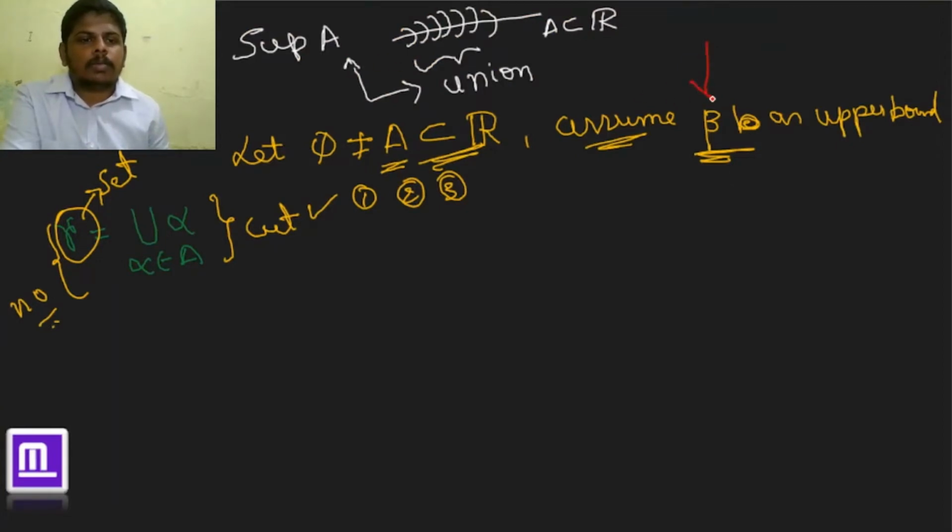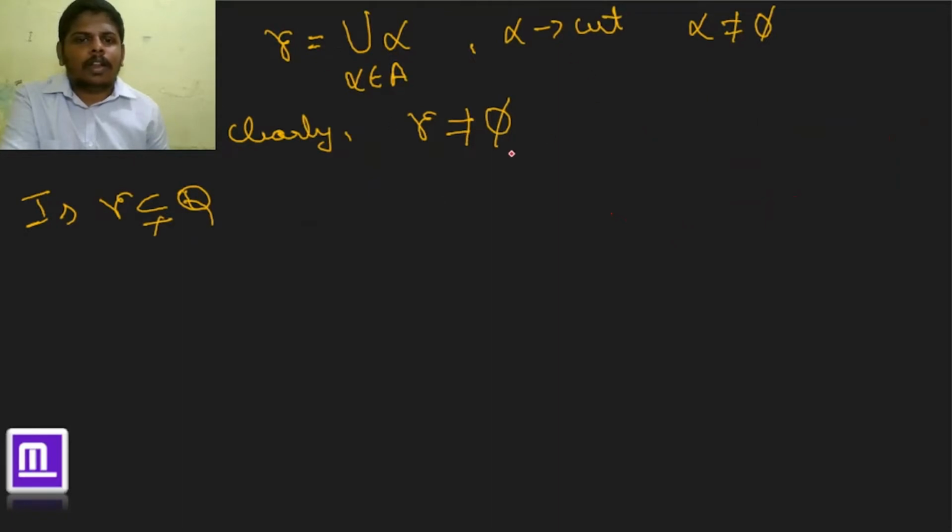You see this beta, this is the upper bound of A. That means this is greater than all the alphas belonging to A. So we have this statement, right? Alpha is less than beta for all alpha belonging to A. Here, less than means proper subset.